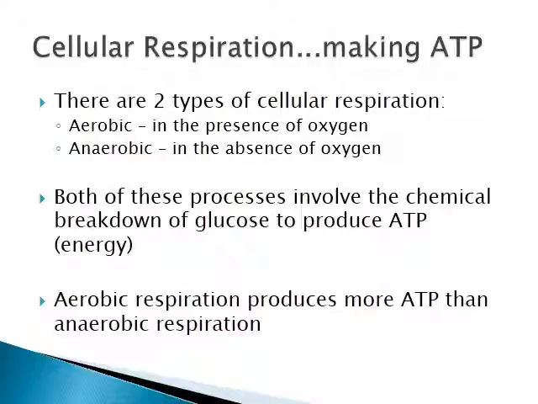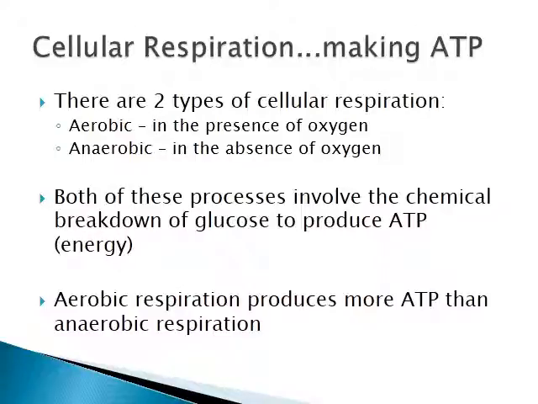So we've got 2 main categories of cellular respiration, both of which make ATP. Aerobic cellular respiration, which means in the presence of oxygen, and anaerobic respiration, which means making ATP in the absence of oxygen. So whether it's aerobic or anaerobic, we're still breaking down glucose.